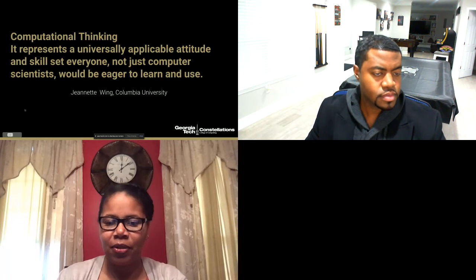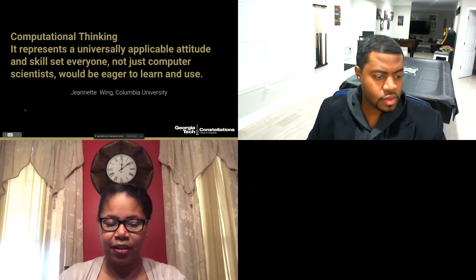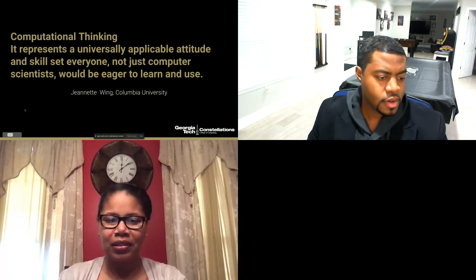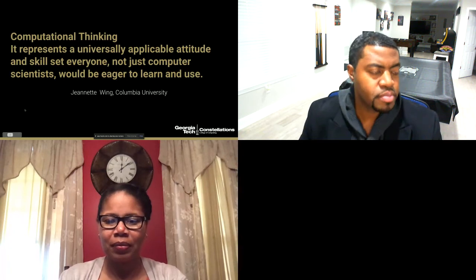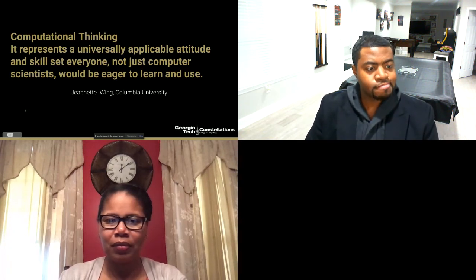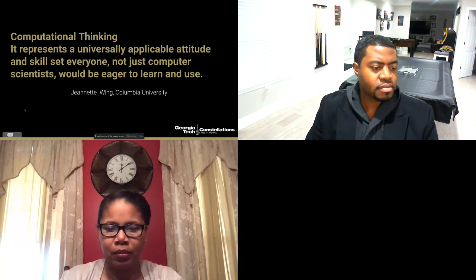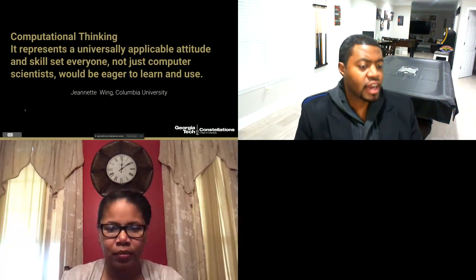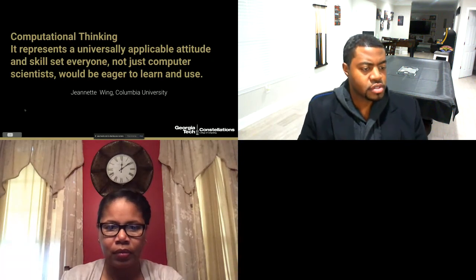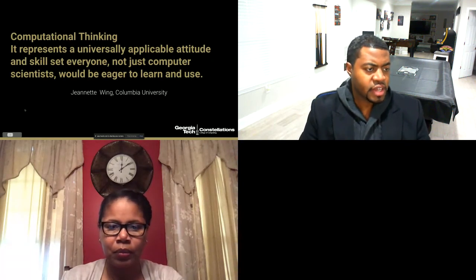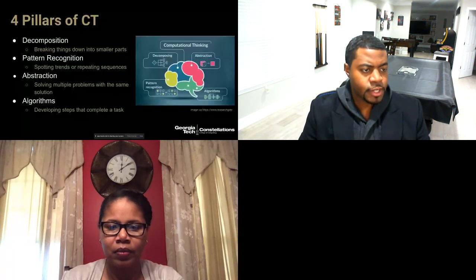So I'll let Terry describe this slide here. Again, many people believe there are different ways to define computational thinking, but one that I believe in, and a lot of folks believe in, there's 4 pillars to CT, and that is decomposition, pattern recognition, abstraction, and algorithms.